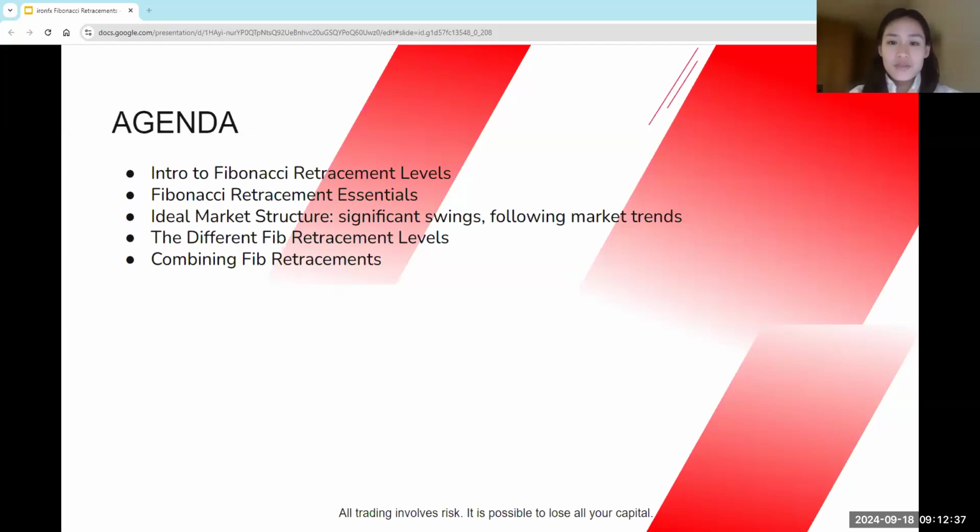Then we'll talk about the different Fibonacci levels, from negative all the way to more than 100%. And lastly, we'll introduce Fibonacci confluence and go through some examples that played out nicely by combining Fibonacci retracement levels. If we have time at the end, we'll also go through some live analysis charts. So feel free to pop your requests into the chat if you have any.